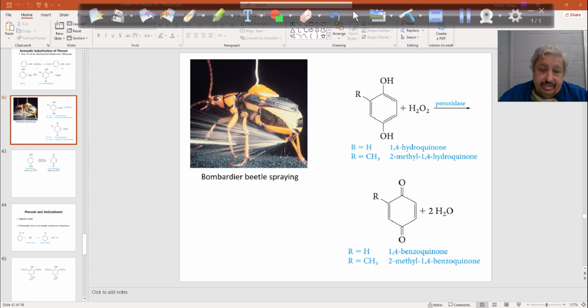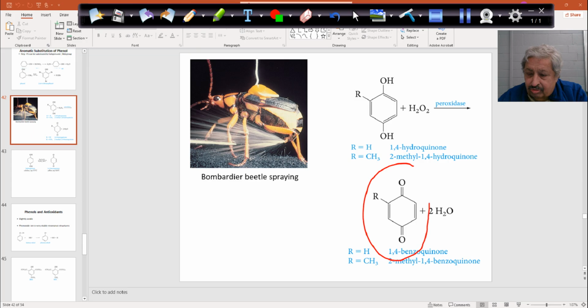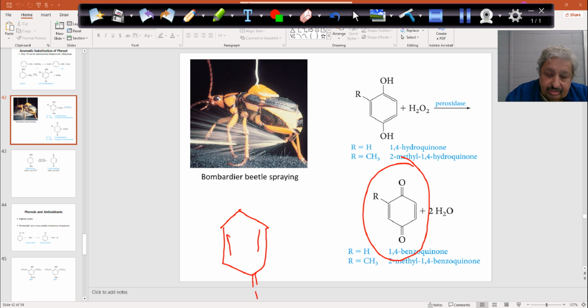So we have an insect here. This insect can defend itself by spraying this compound here. This compound is called quinone. Anytime I have oxygen at the top like this, that's called quinone.